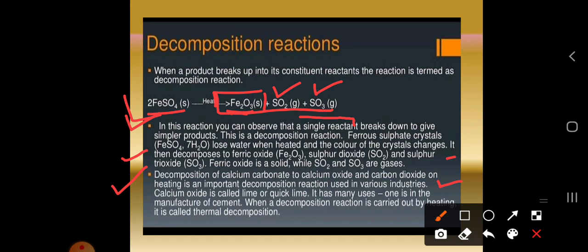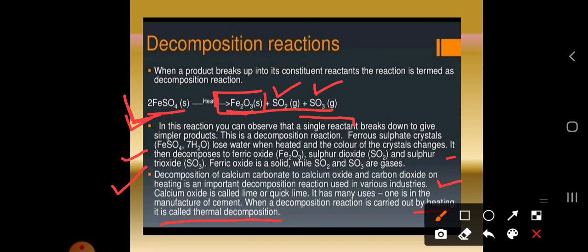Okay. So dear students, when a decomposition reaction is carried out by heating, it is also called a thermal reaction. When we are using the heating process, it is called thermal decomposition.